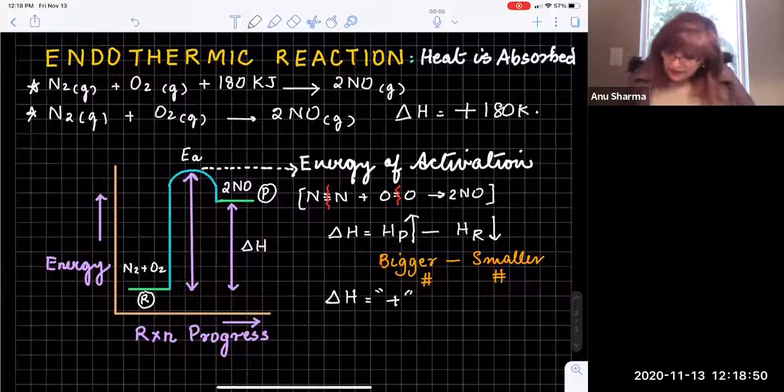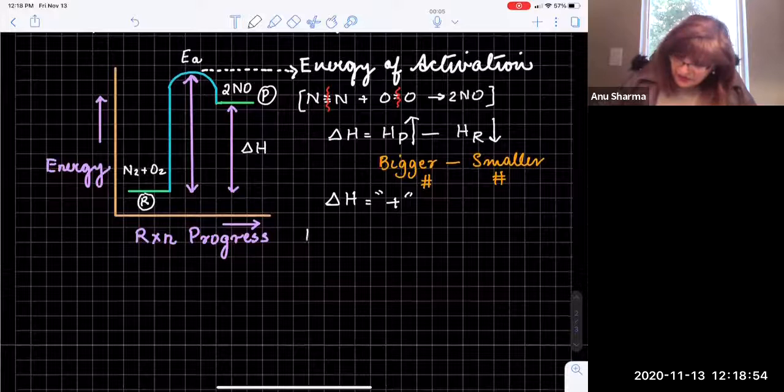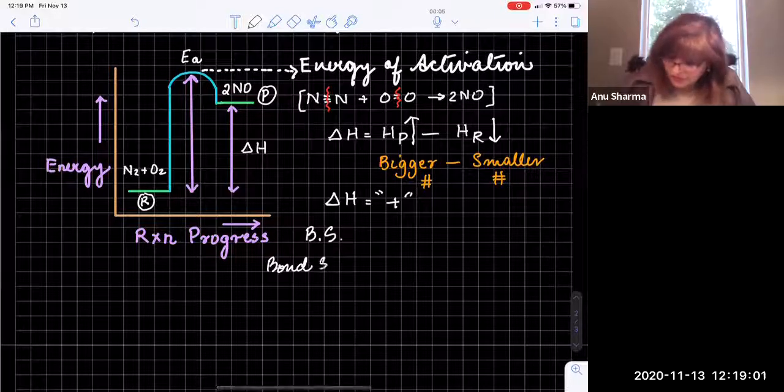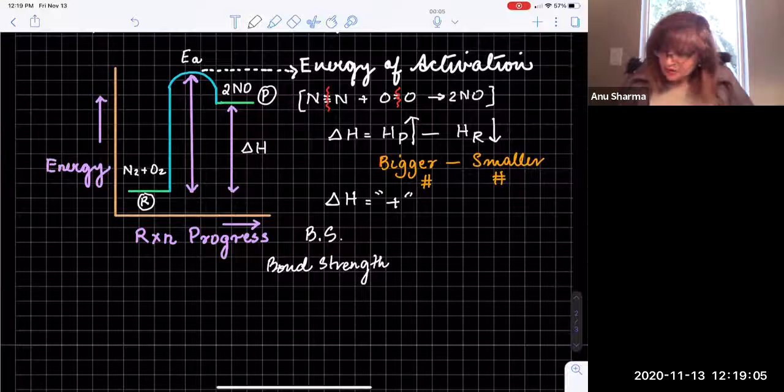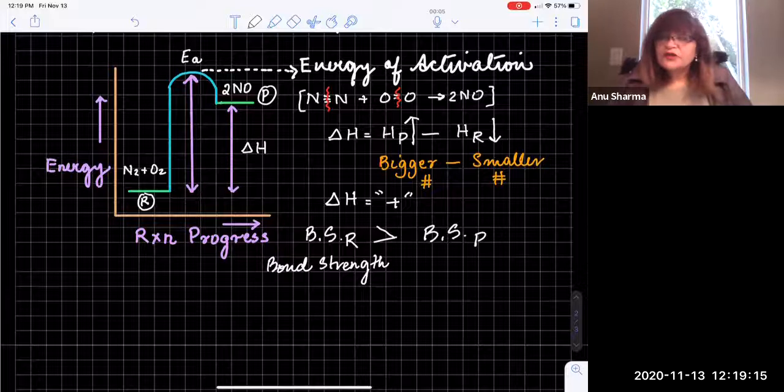All right, now comes the bond strength. So as you can see, the bond strength, BS, or the strength of the bonds of the reactants is more than the strength of the bonds of the products.